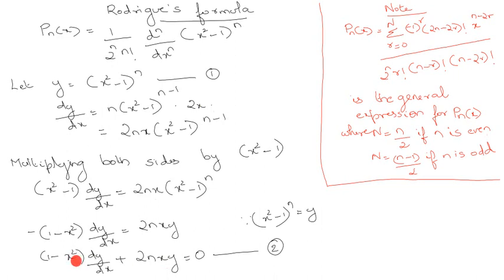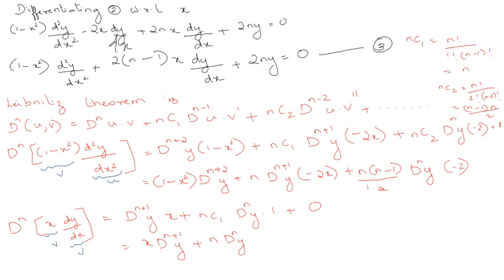Now, we are going to differentiate this equation. For the first term, we have to take the product formula, that is first function into differential of the second plus second function into differential of the first, for both the terms. This term also we need to take the product formula of differentiation. So the resulting equation is first function into differential of the second, that is (1 minus x square) d square y by dx square.